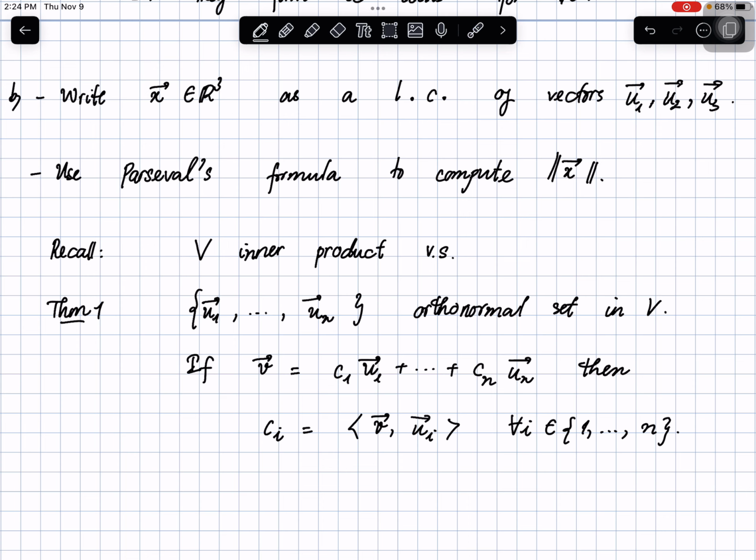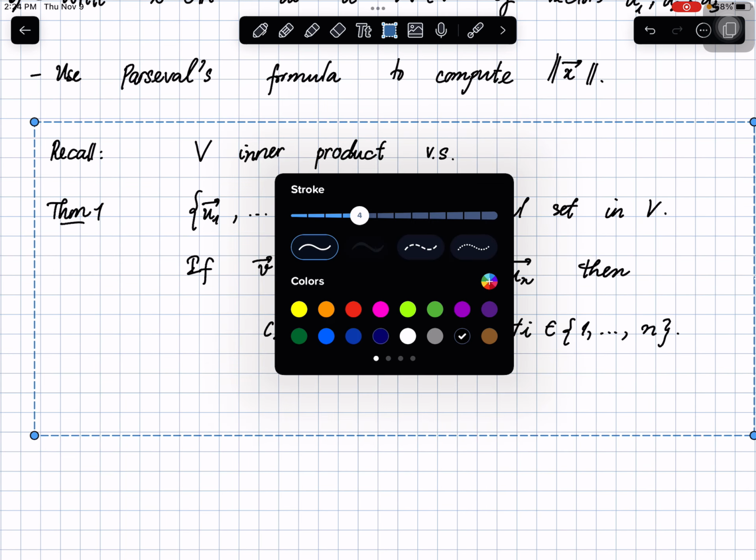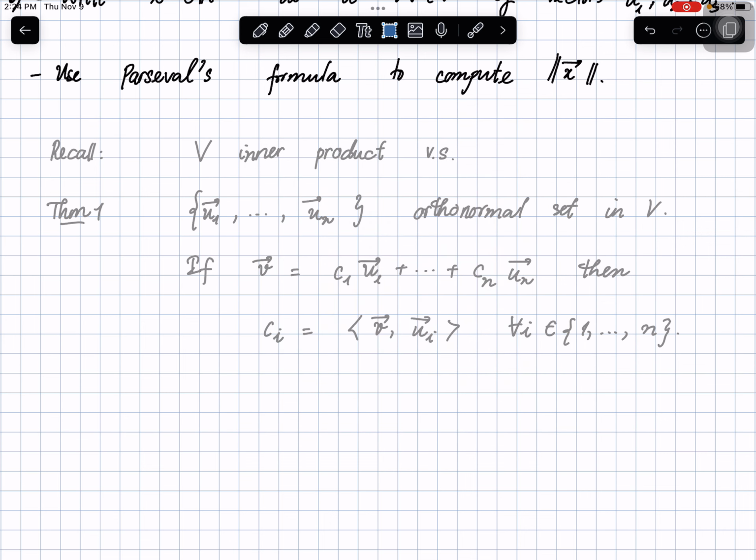So in our case, we have R3 as an inner product vector space with the dot product.